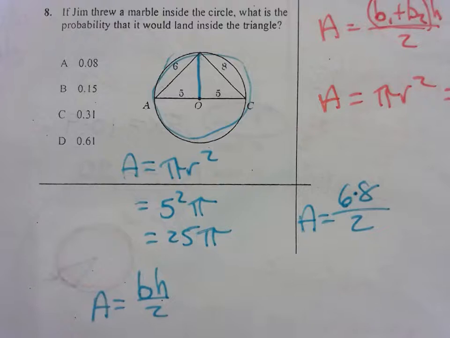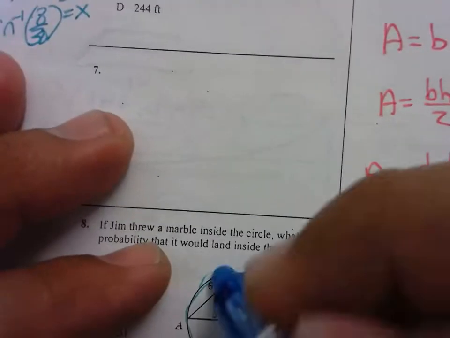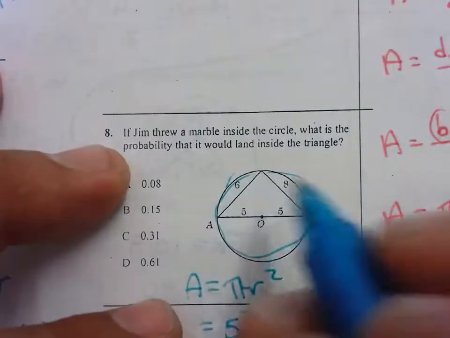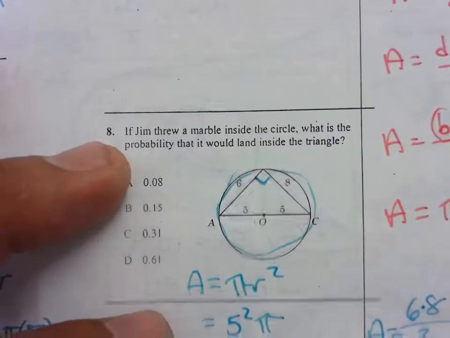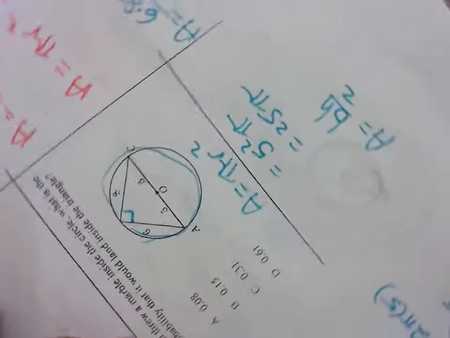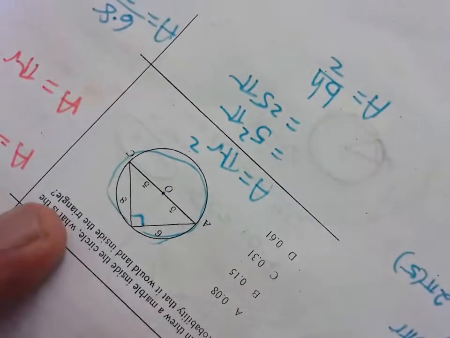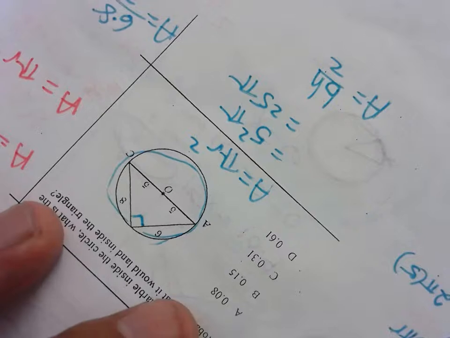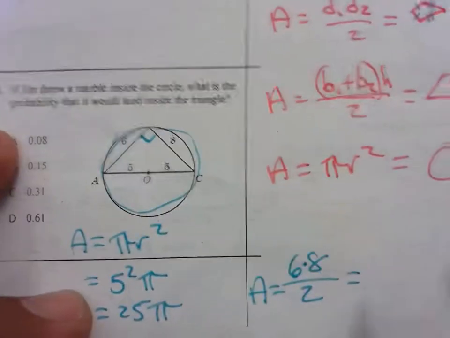So if you rotated it and drew your right angle, now rotate it so it looks nicer. So now this is 6, this is 8, and this is 10. And if you want to find the area of the triangle, it's just half of 6 times the perpendicular height, which is 8. And then you could go from there.